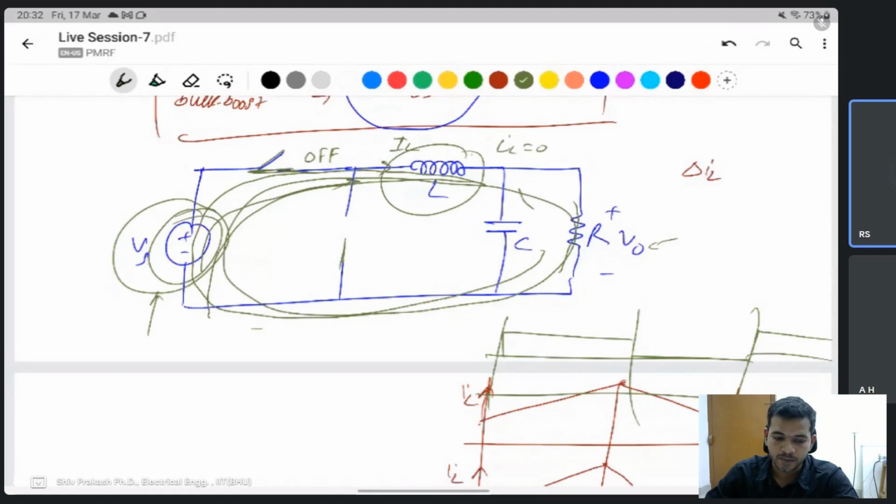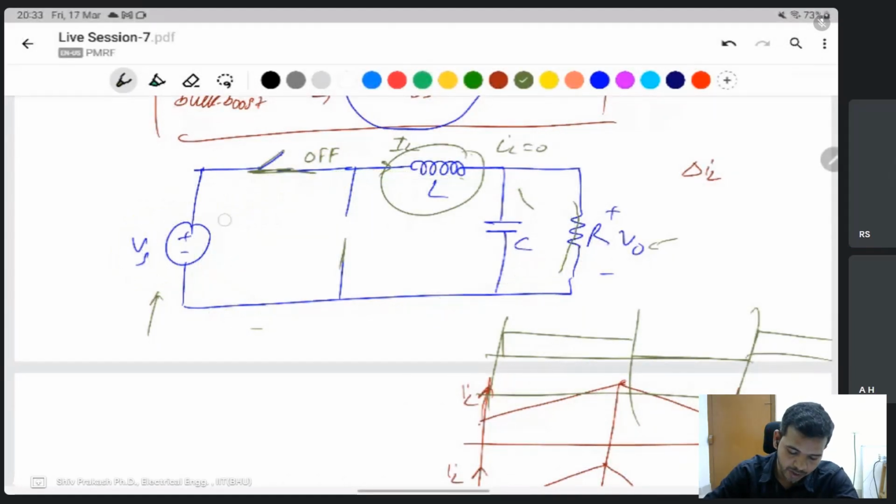So here both the switches should be bidirectional, and the source and the battery should be capable of flowing current in both directions.